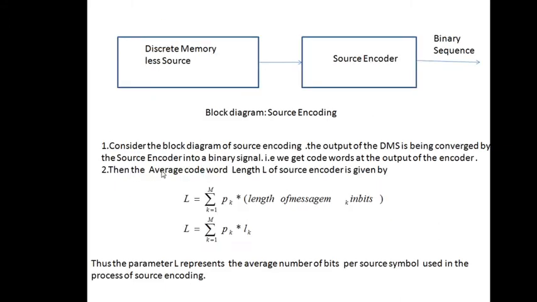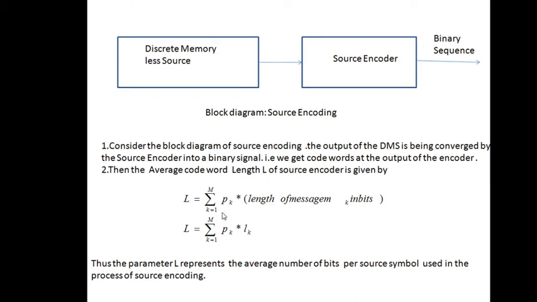So the average code word length is given in the form of capital L, summation k equal to 1 to m, pk into lk, where pk is the probability of the source symbol of the k-th message, and lk is the length of the message bits in that source symbol.